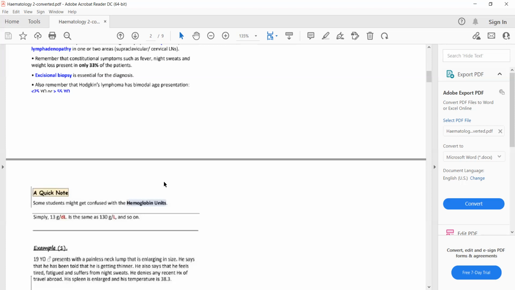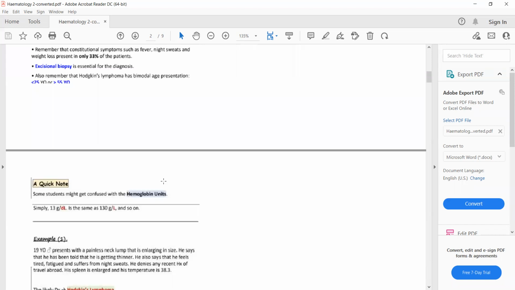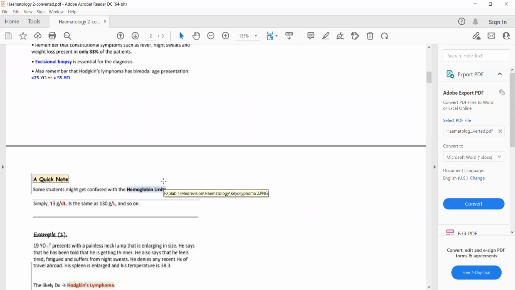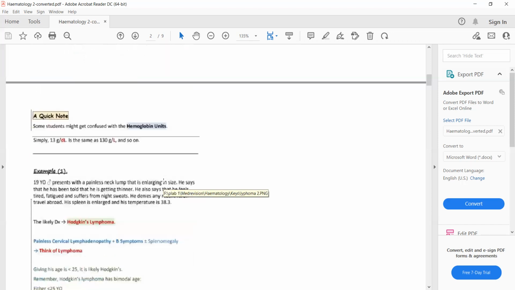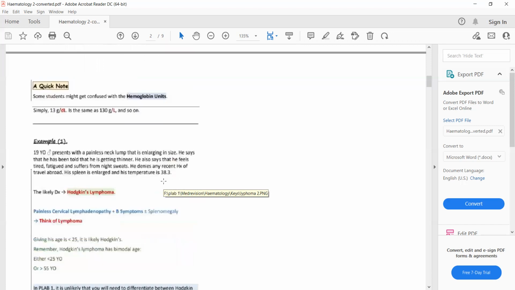You will suspect lymphoma. The most likely diagnosis is Hodgkin lymphoma, and the most appropriate investigation is excisional biopsy. Painless lymphadenopathy plus B symptoms plus or minus splenomegaly, think of lymphoma.